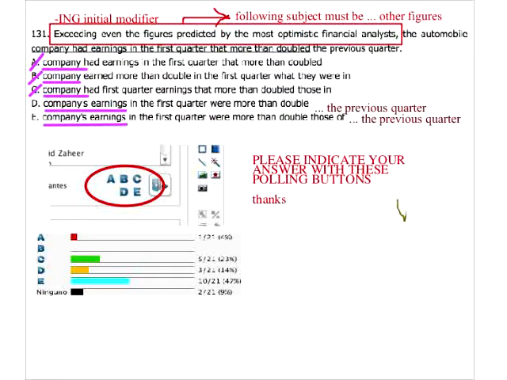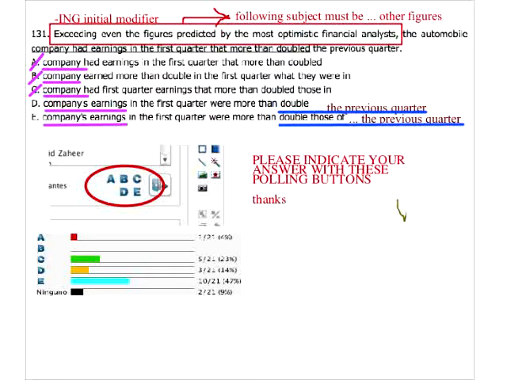The problem with D is that D says double the previous quarter itself, which is not okay, because you can't take a quarter and multiply it by 2, a quarter being a period of time. Instead, what you need is double the earnings of the previous quarter. So this is a correct comparison.